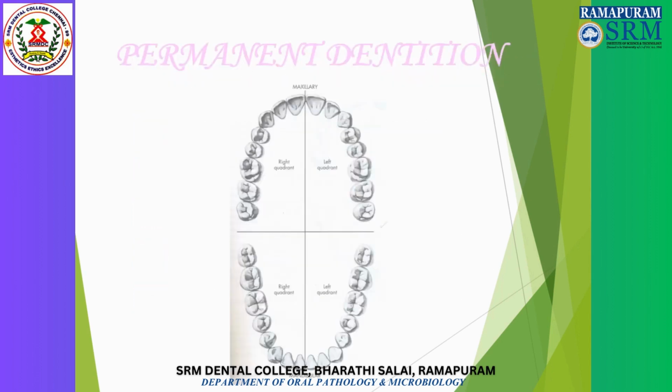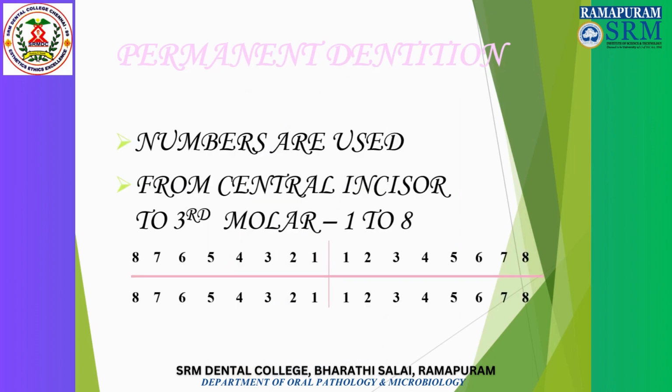For permanent dentition we also follow the same pattern of dividing the maxilla and mandible into quadrants, but the difference is that we are going to use numbers rather than alphabets for denoting the individual teeth. So here we are going to use the numbers from 1 to 8. Always remember, in the Zsigmondy-Palmer system the numbering starts from the central incisor and proceeds distally towards the third molars.